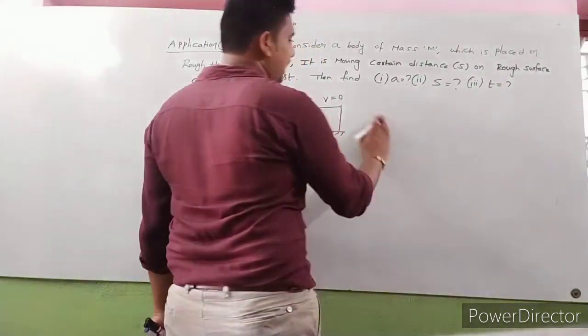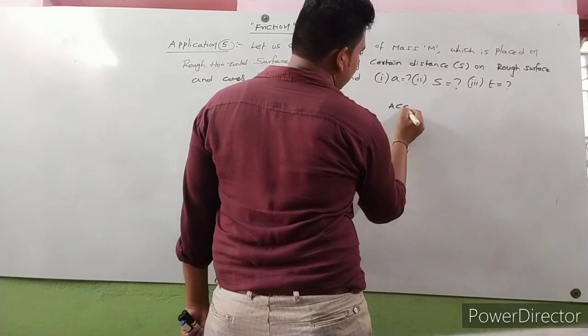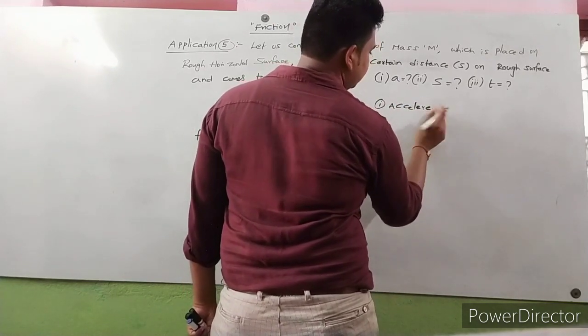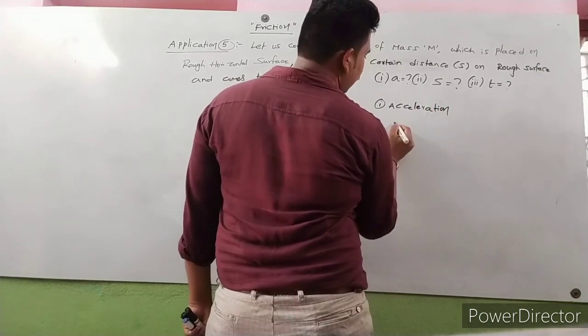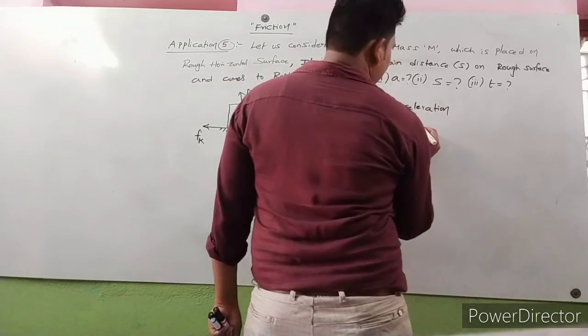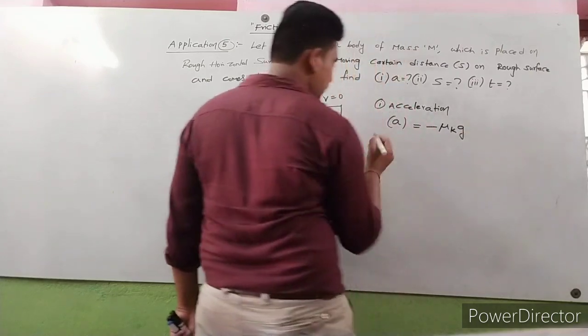So first, the acceleration. a is equal to minus mu_k into g.